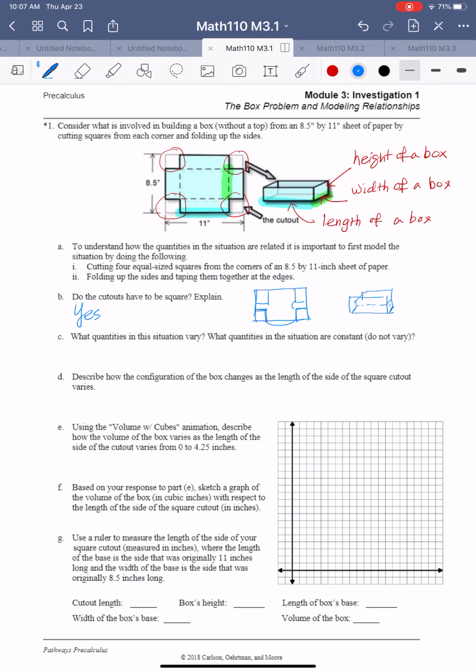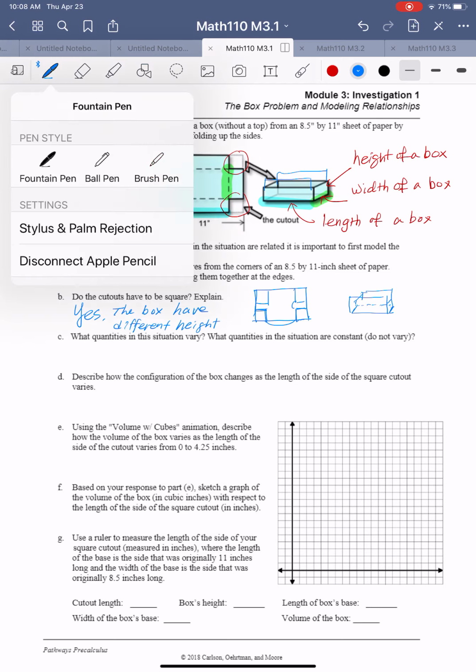So this doesn't actually make a nice box because it will give you a different height. So the box has a different height. It has to be a square to have the same height for the box. You can think about it, this much is increasing, right? And the other side is not.